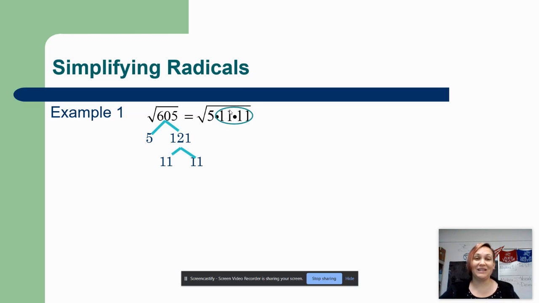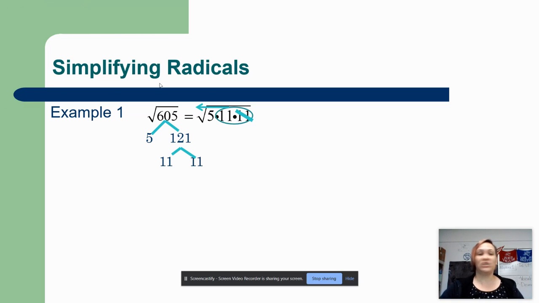One of the numbers gets to escape out of the radical. And the other number just kind of disappears. It gets lost in the void. It's not there anymore. So one number escapes, the other one, poof, it's gone. And you can only do this if you find pairs of numbers.